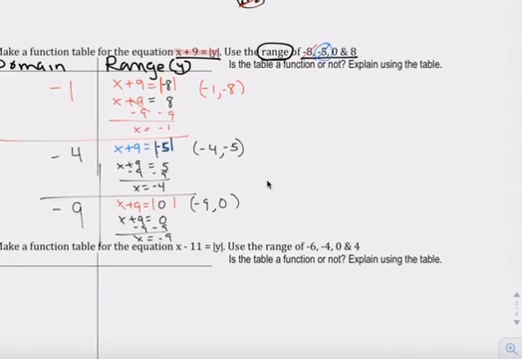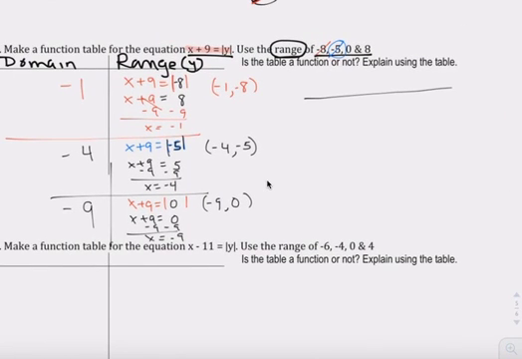Okay, the last one. Okay, let's see. 8. x plus 9 equals the absolute value of y. Replace that y with an 8.